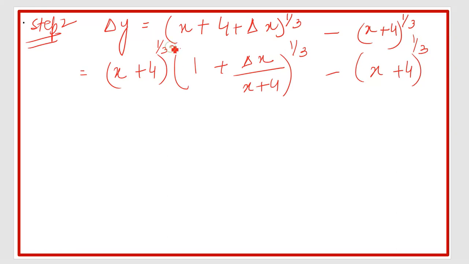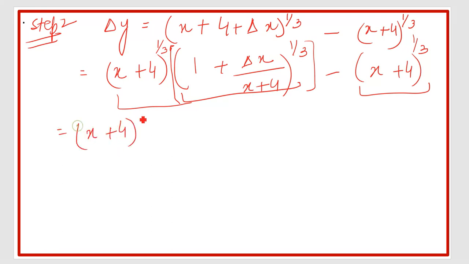Right? Okay, I will do it like this, that we have taken this common from here, and we have this still, right? So this we will consider one term from here to here and this one second. So in both we now have (x plus 4) whole power 1 over 3 common.